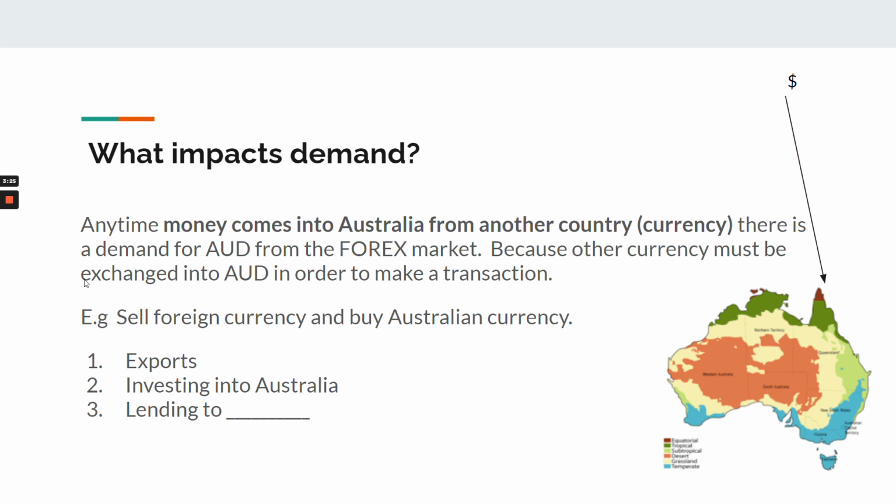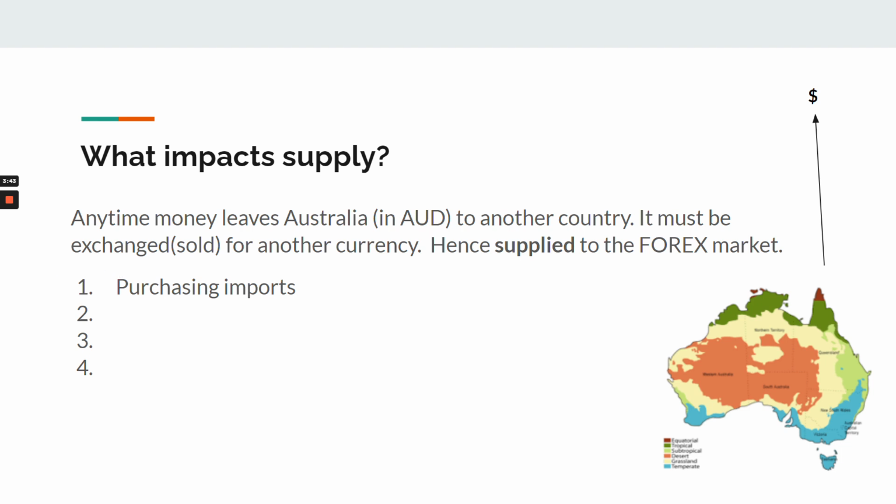So whenever money comes into Australia, we're thinking demand side. And I want you to do this in the next video when we go through each factor. Whenever you're trying to ascertain what happens to the value of the Australian dollar or the exchange rate, you've got to think, is this money coming into Australia and impacting demand, or is it leaving Australia and impacting supply?